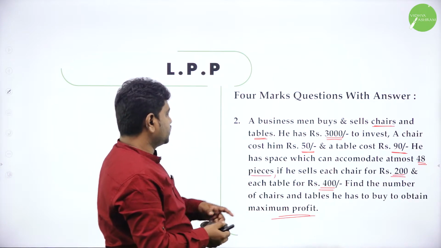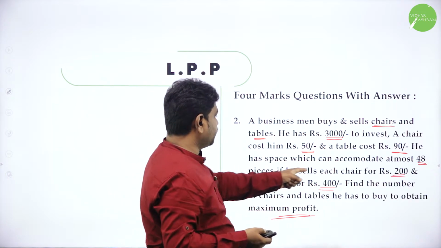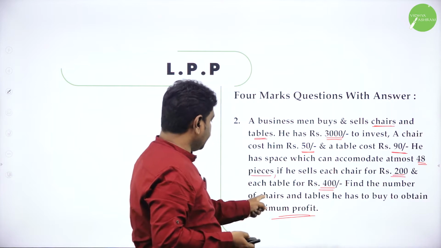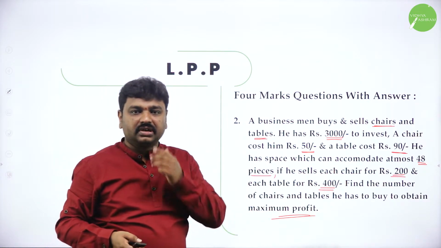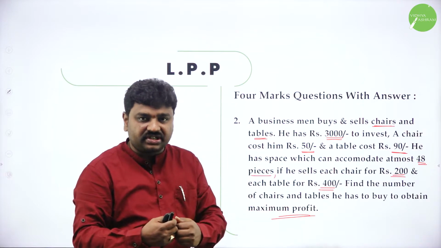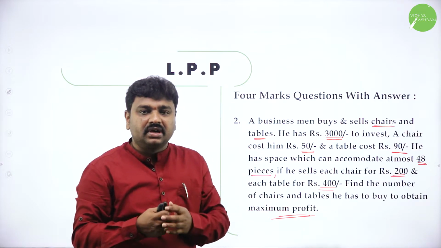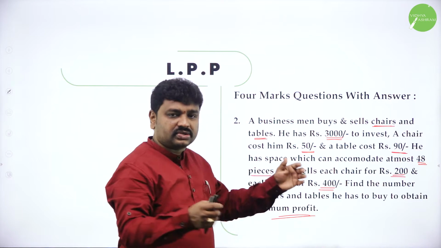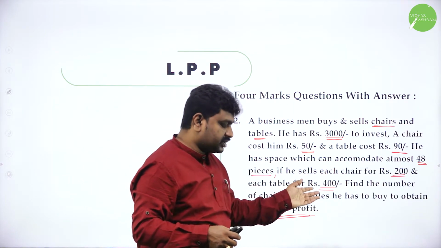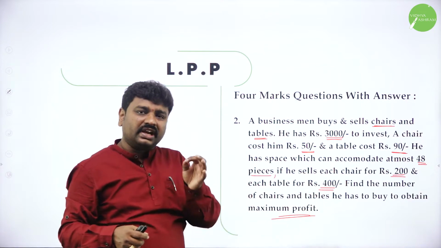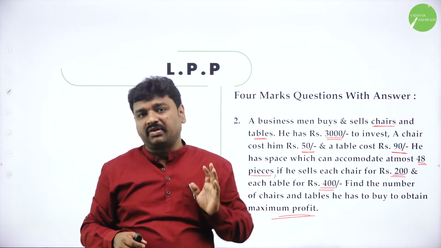Cost is 50 rupees, but selling price is 200 rupees, and they want you to maximize the profit. So he is purchasing chairs and tables, and he has space, 48 units only is the space. He cannot accommodate more than that. And the selling price is also given. They want you to maximize the profit.